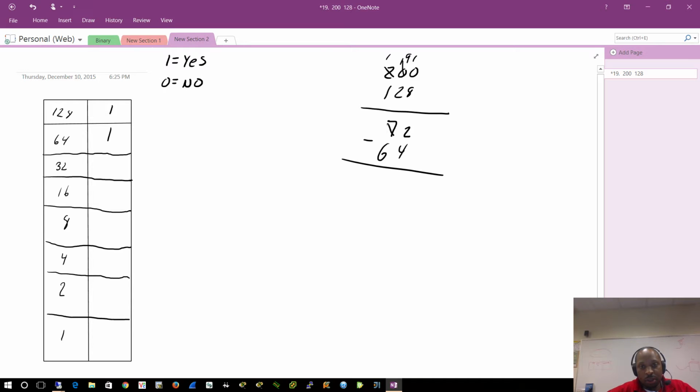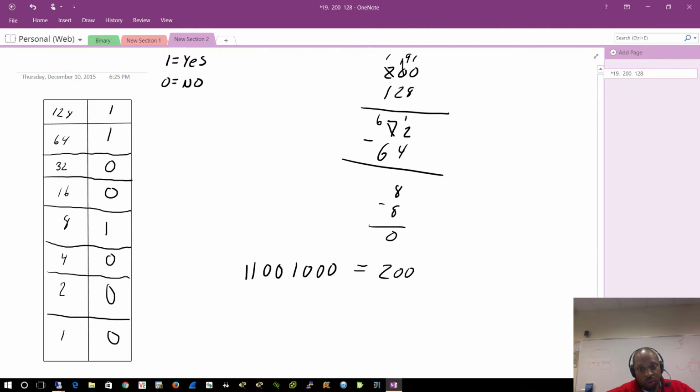Math does help you out. We get 8. Can 32 go into 8? No. How about 16? No. How about 8? Yes. Got nothing left. So, how do you write 200 in binary? 1, 1, 0, 0, 1, 0, 0, 0. Notice here that we need 1, 2, 3, 4, 5, 6, 7, 8. We need 8 binary digits in order to write the number 200. This is the decimal. This is it in binary.